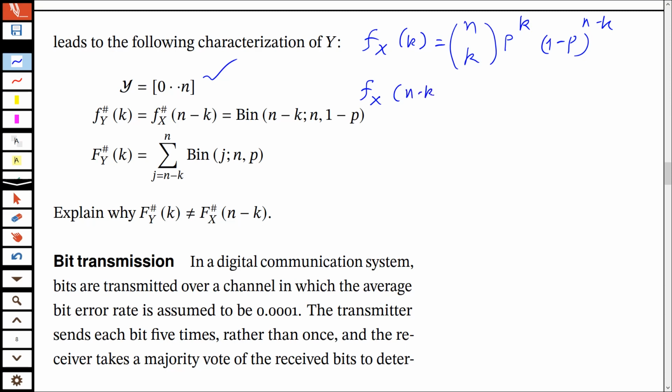So it will be n choose n minus k, it will be p to the n minus k, and it will be 1 minus p to the k. Yeah.